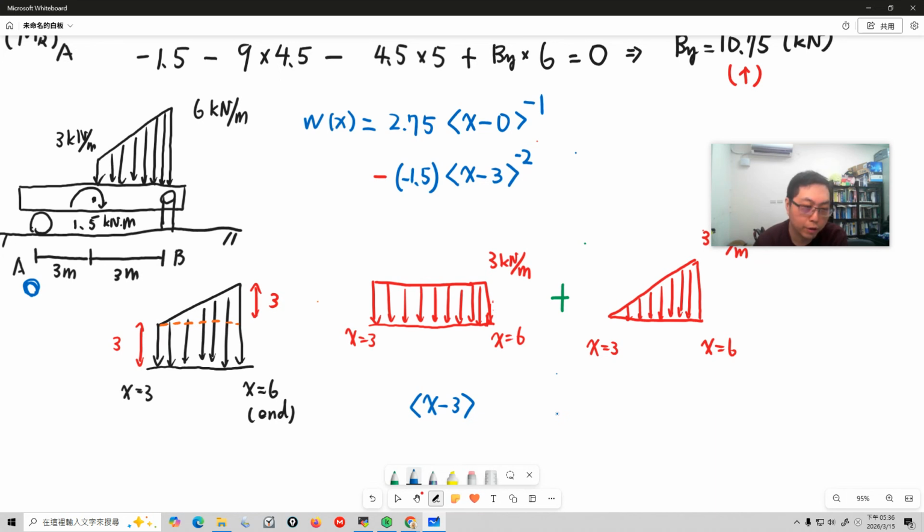If you remember, for a range of distributed load, sometimes we have a combination of two discontinuity functions. For the range between 3 and 6, we have to use this representation.